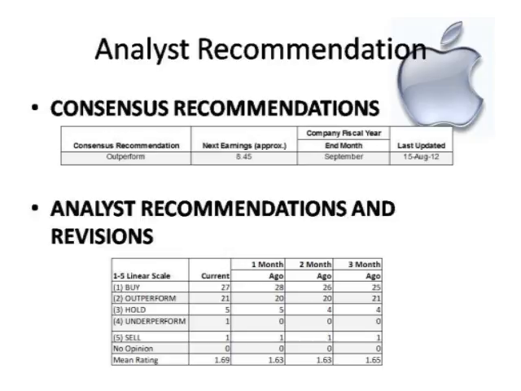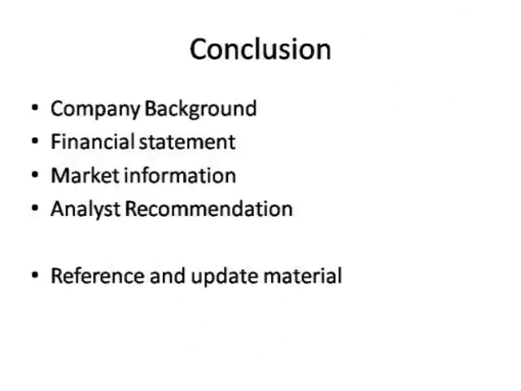This means that 27 people recommended to buy and 1 person recommended to sell. In between, outperform is 21. If you divide 48 by 55, it's about 87% of the analysts recommending to make an investment.